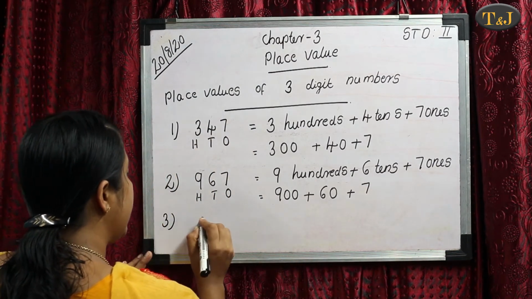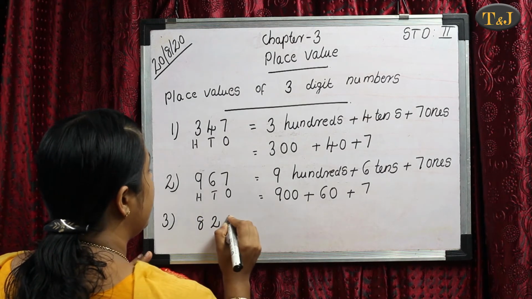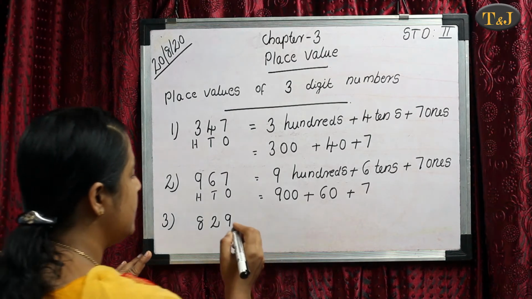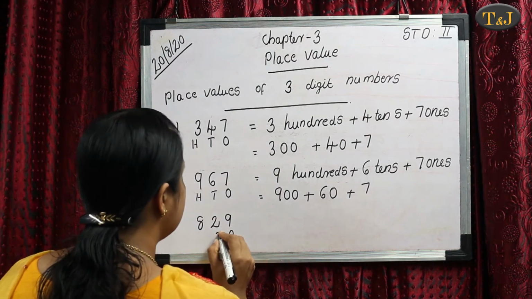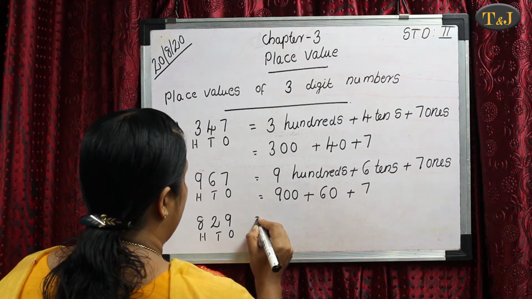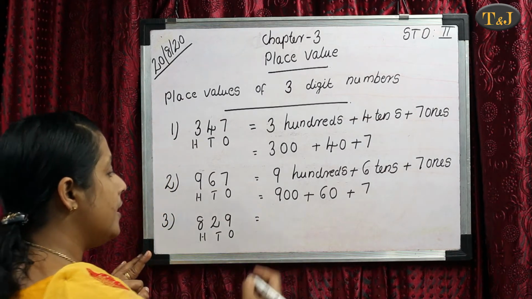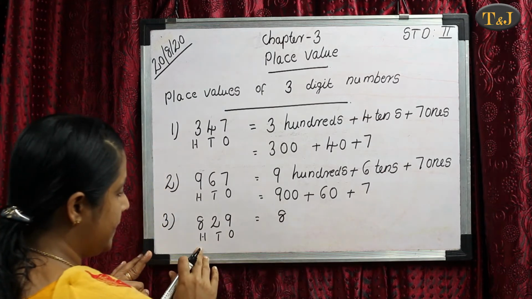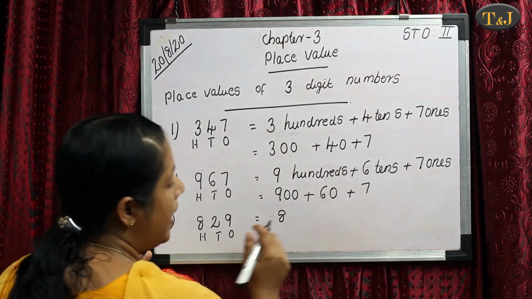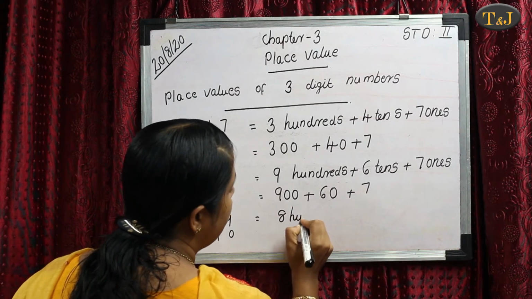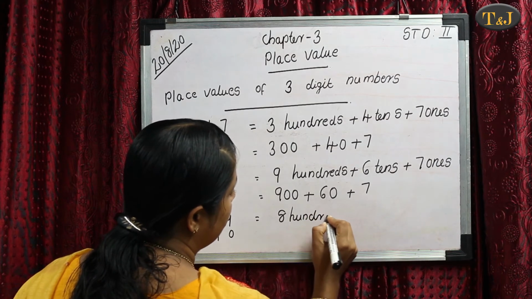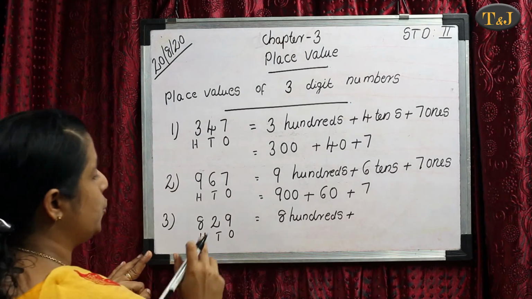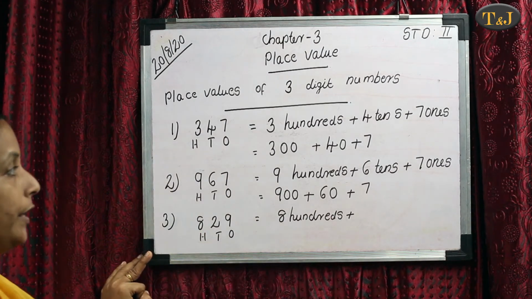Consider the number 829. First we write the places of the digits, that is ones, tens, hundreds. Then we write the first number. Here the first number is 8. 8 is in which place? Yes, 8 is in hundreds place. So we write 8 hundreds plus the next number, 2. 2 is in tens place.